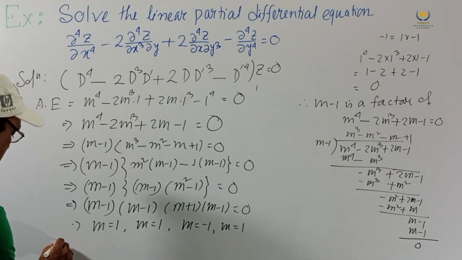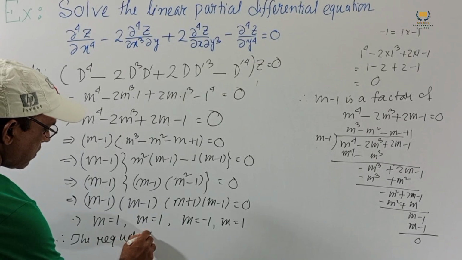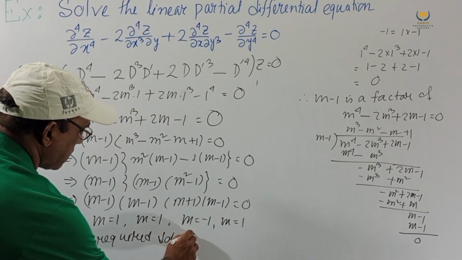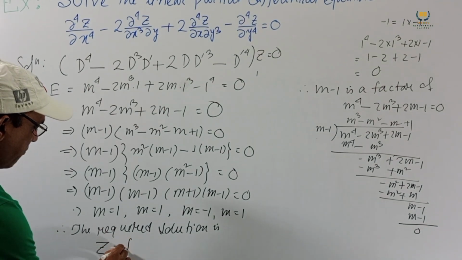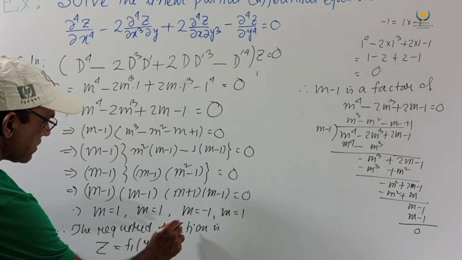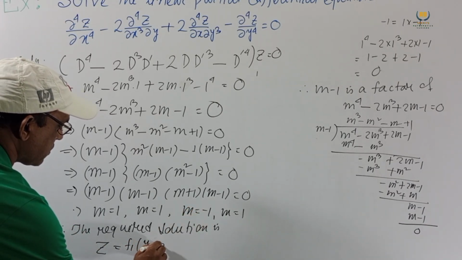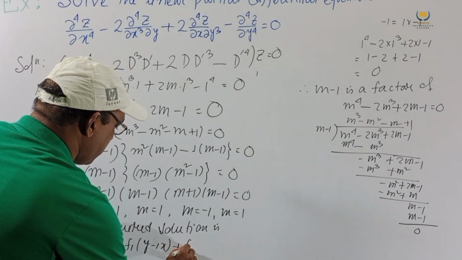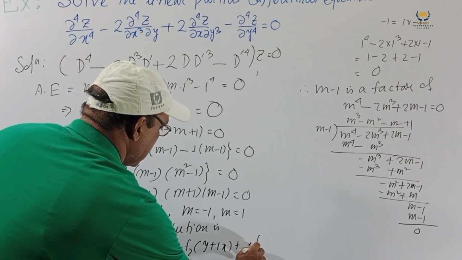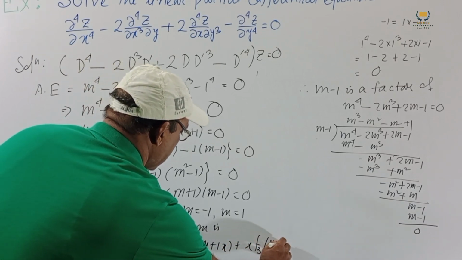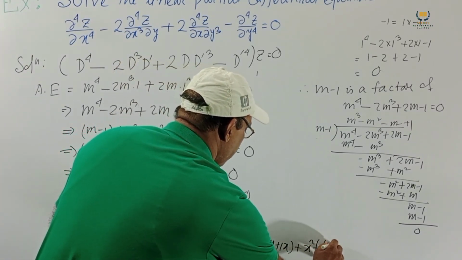Therefore the required solution is z equal to f1 of y plus, first you consider the unequal one, this is minus 1x, plus f2 of y plus 1x, plus x f3 of y plus 1x, plus x square f4 of y plus 1x.